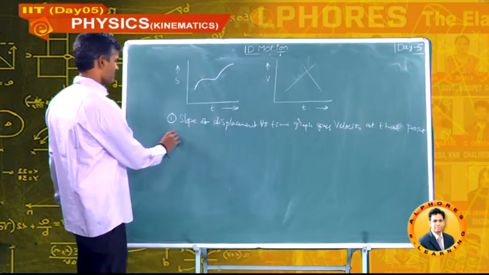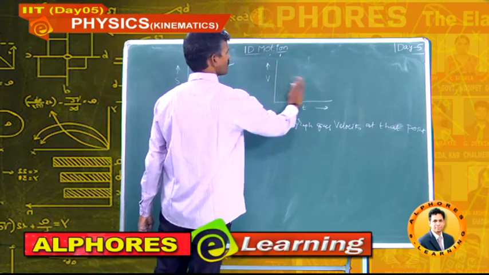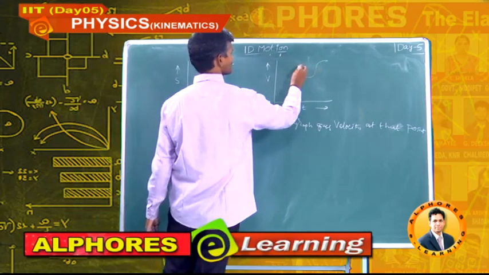Next, this is non-uniformity. We do not know how it changes. It may be like this.